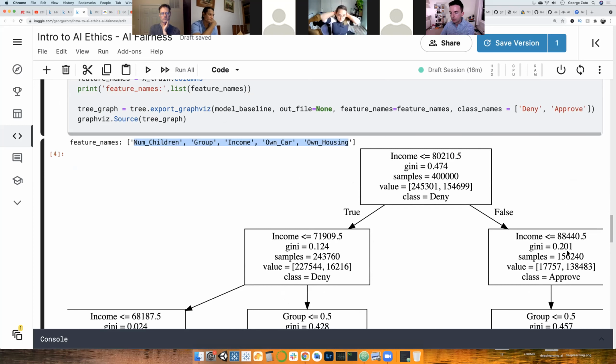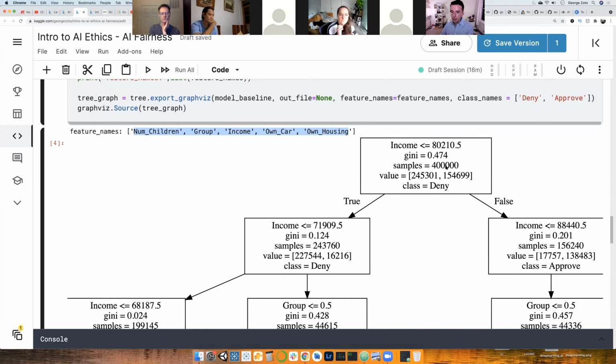If it's false, it goes to the right sub-branch. We start with 400,000 records. That's the X train size. And when we look at the target, which is approved or not approved, 245,000 of them belong to, I think, deny, and 154,000 belong to approve.